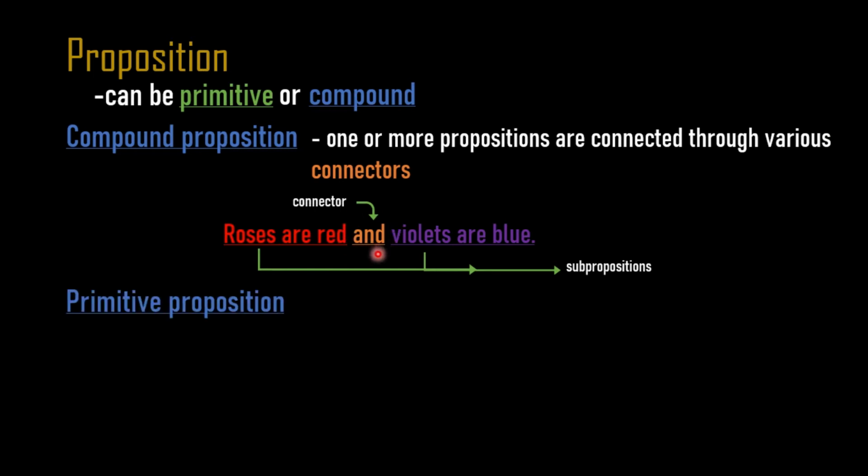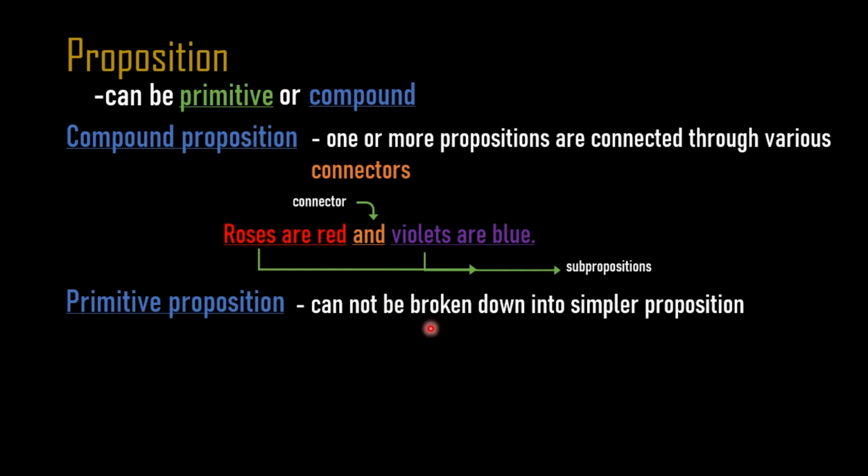Primitive proposition cannot be broken down into simpler propositions. An example is roses are red. Now, can the statement roses are red be broken down into pieces? No. So that is why it is called a primitive proposition.